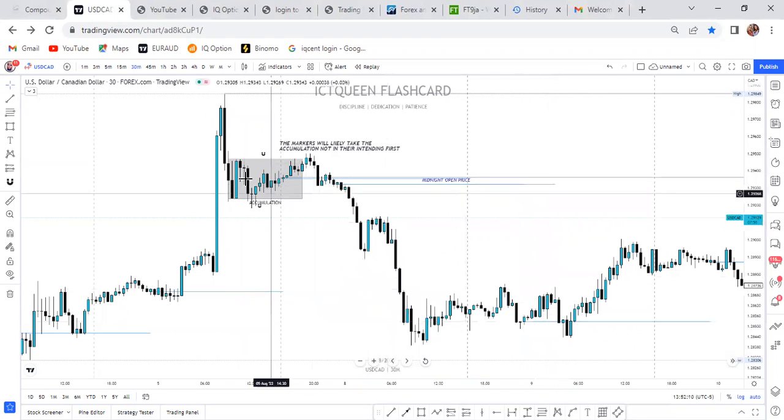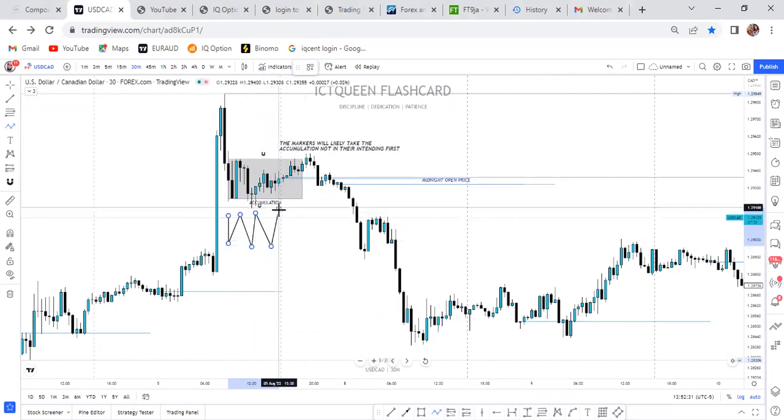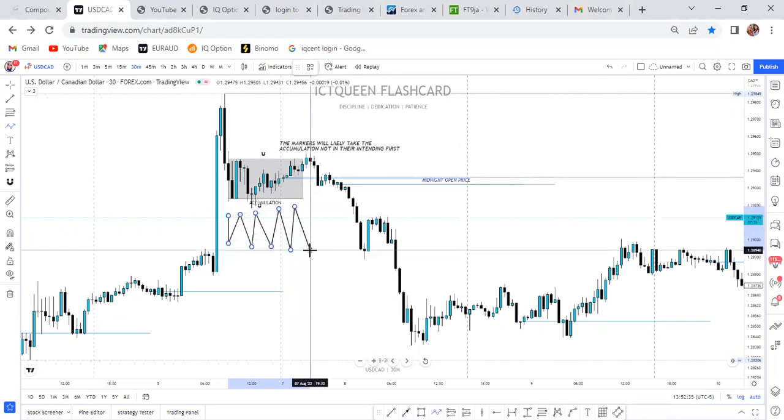We saw how price accumulates around the open price. We saw the accumulation. That's our power of 3. Accumulation, creating liquidity on the buy and the sell side. Then what happened?